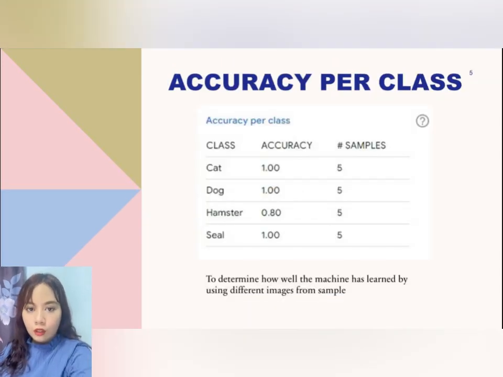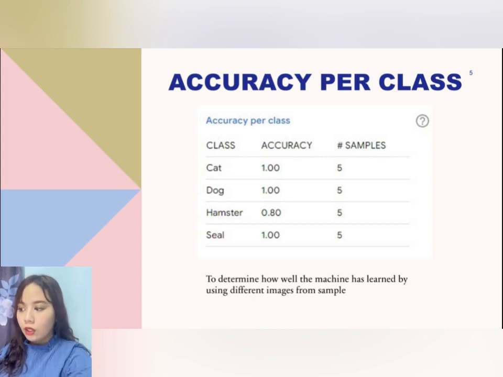Next we look at the graph, starting with the accuracy per class, where we test the machine to identify never-seen-before images, as I mentioned previously, images other than the samples we taught the machine.